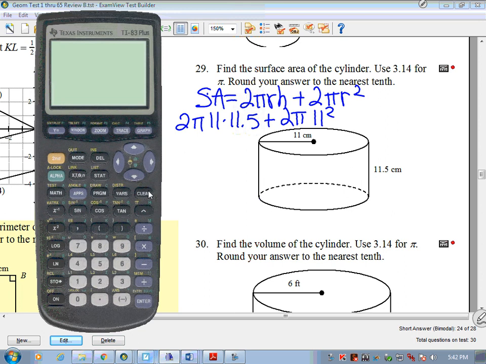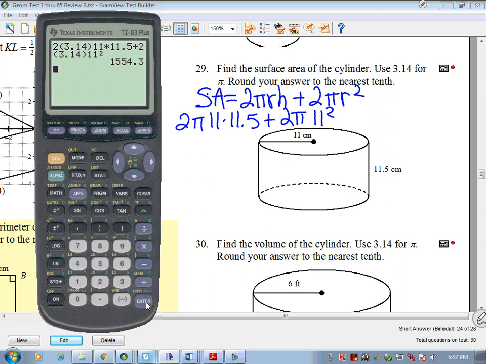All right, 2 times 3.14. We're using 3.14, that's important. Times 11, and times our height, 11.5, plus 2 times 3.14 times 11 squared.